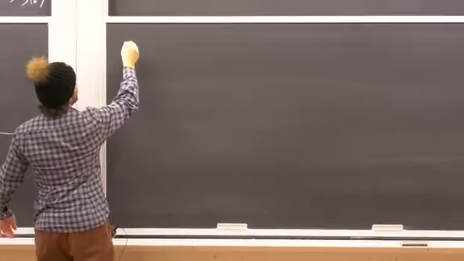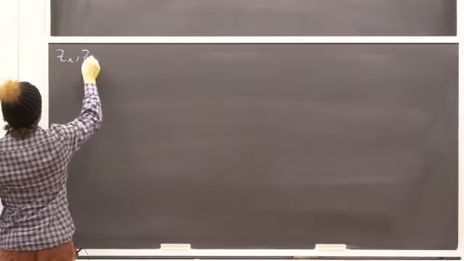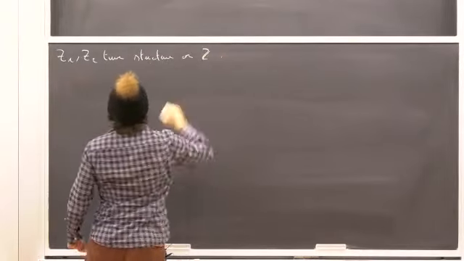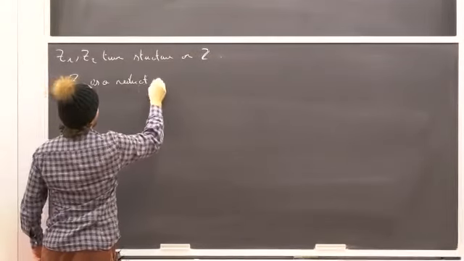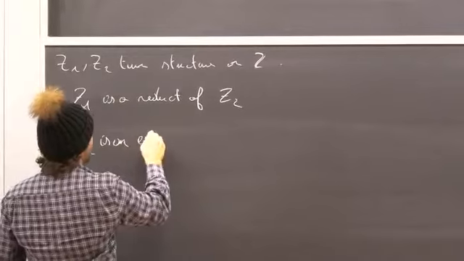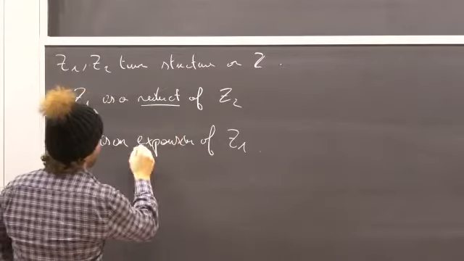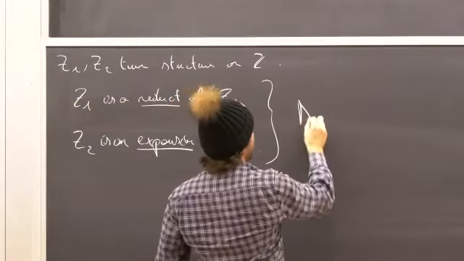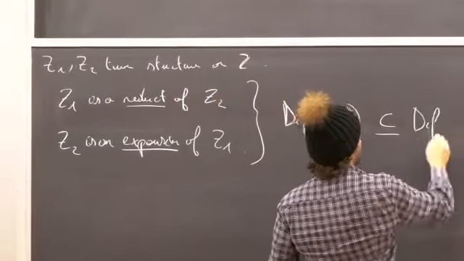So this is the notion of reduct and expansion. Let Z1, Z2 be two structures on Z, and we say that Z1 is a reduct of Z2, or Z2 is an expansion of Z1, by which we mean that the class of definable sets in Z1 is a subset of the class of definable sets in Z2.